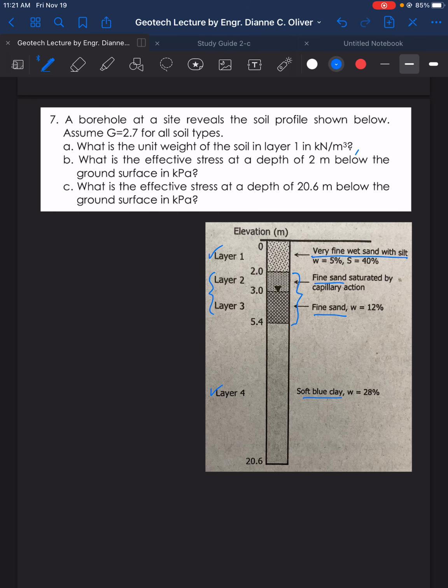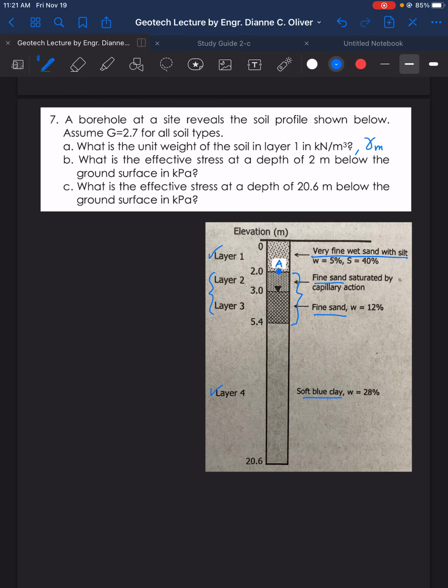Unit weight of layer 1 is gamma moist. So we're going to solve for gamma moist. B, what is the effective stress at a depth of 2 meters below the ground surface in kilopascal? 2 meters below the ground surface, it's located here in between layer 1 and layer 2. Let's name that as point A.